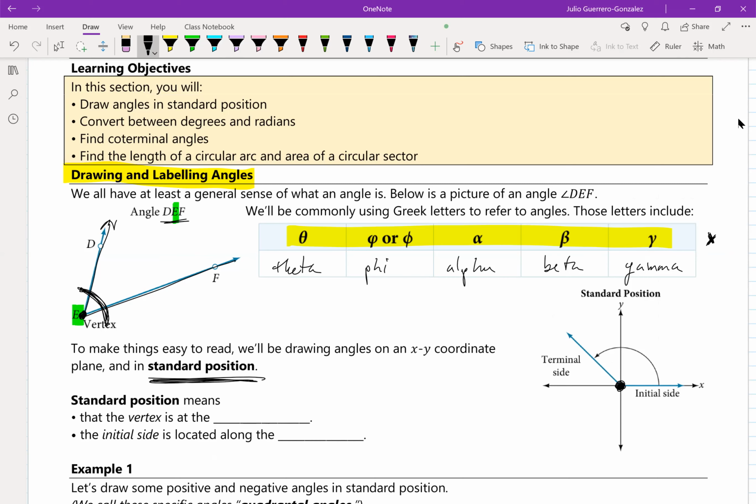And the initial side, this side right here, is always along the y-axis. Or sorry, x-axis. Okay, just as before, if you need me to repeat something, let me know.